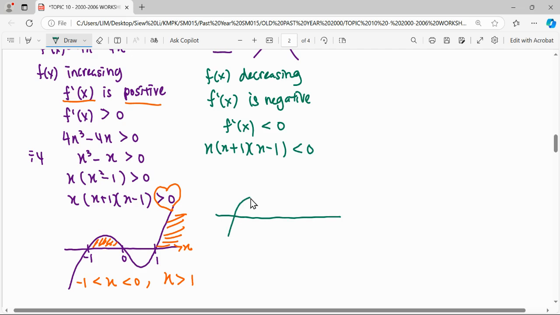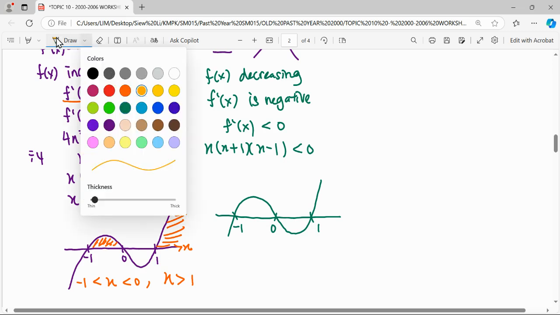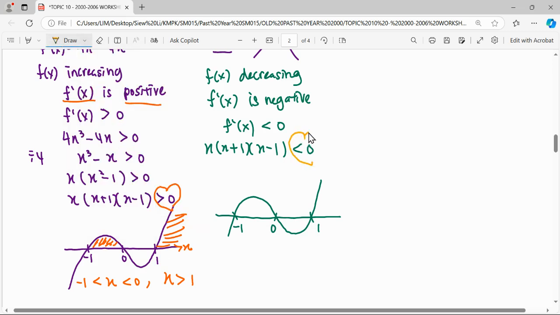The same graph here, the same points, same factors. When we want to know where the negative region is, it will be the region below the x-axis. So here we'll have this and this.